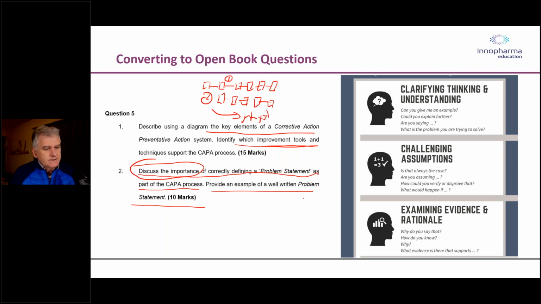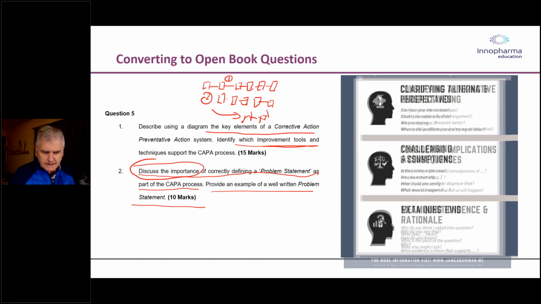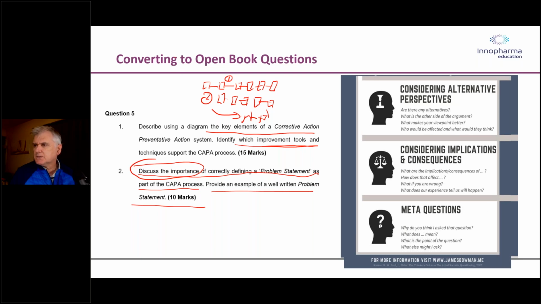as well. So in this case, it could be around alternatives. It's more about assumptions. What would happen if you were wrong? So let's say, for example, you looked at a CAPA and you made the assumption that this was just a recordable.